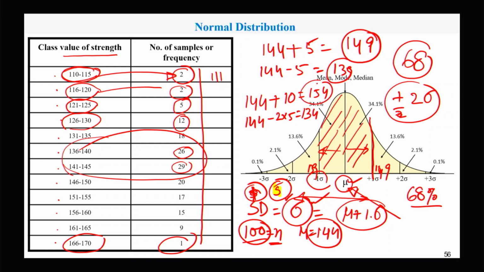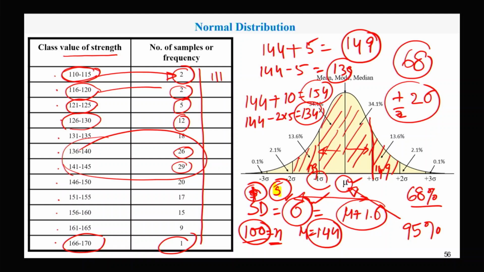So between 154 and 134, in this zone typically 95% of data are lying.